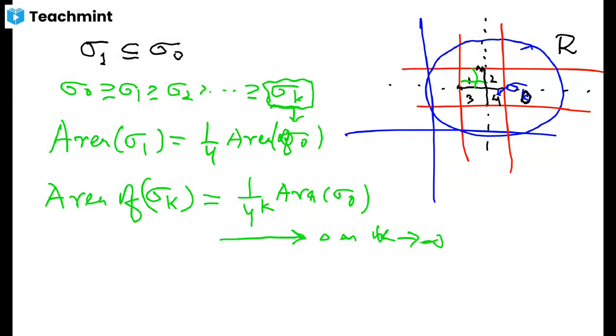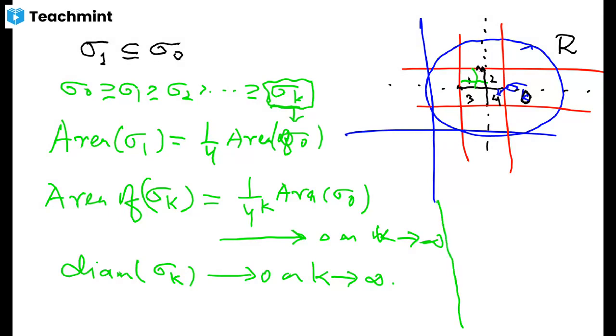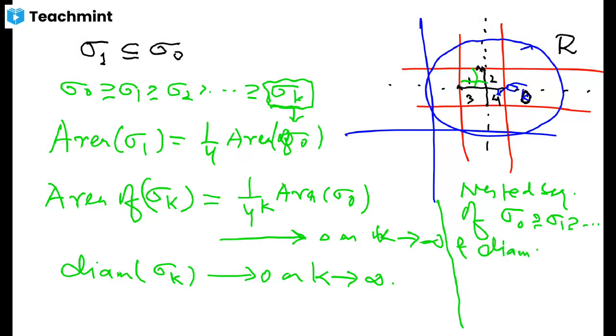If the area goes to 0, then obviously the length of the diagonal of each square, which I am calling the diameter, will also go to 0 as k goes to infinity. So now you have the hypothesis of the Cantor intersection theorem: a nested sequence, sigma naught containing sigma 1, and so on, of non-empty compact sets, with the diameter of sigma k going to 0 as k goes to infinity.